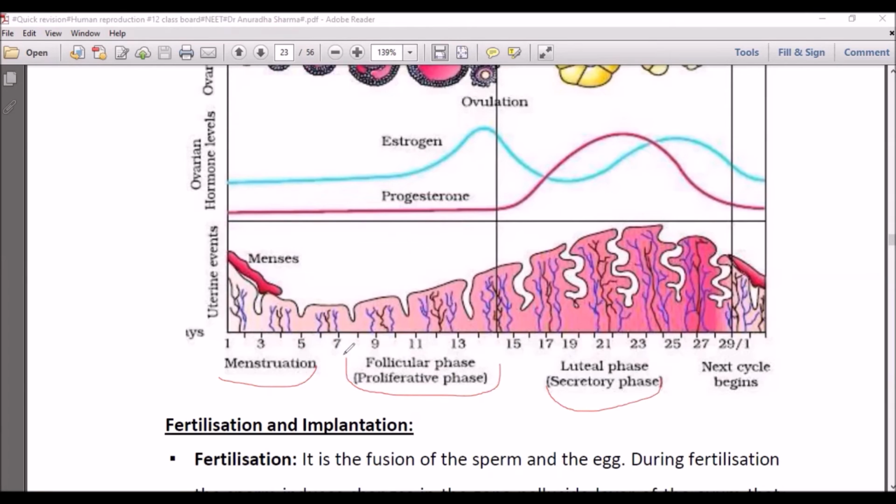In the follicular or proliferative phase, the ovum is released. The primary follicle develops into Graafian follicle, and the Graafian follicle will rupture and give rise to ovum. The levels of FSH and LH, both, are maximum on the 14th day, that is in mid-cycle.